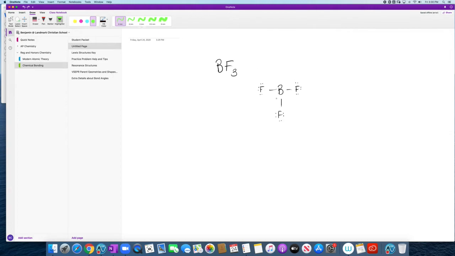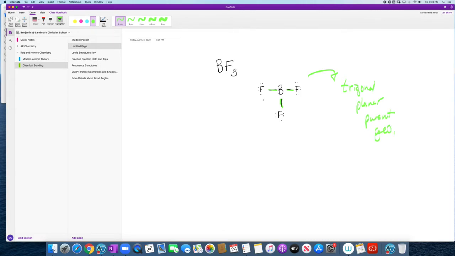So what's the shape? We have 3 effective pairs of electrons repelling one another. So we know that the parent geometry is trigonal planar. Trigonal planar parent geometry.